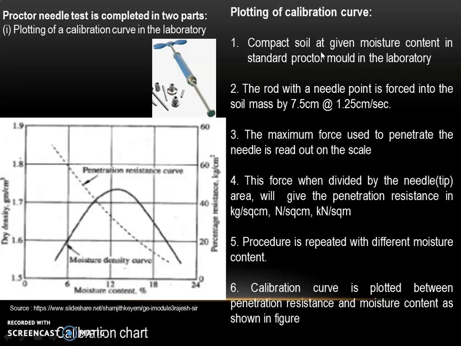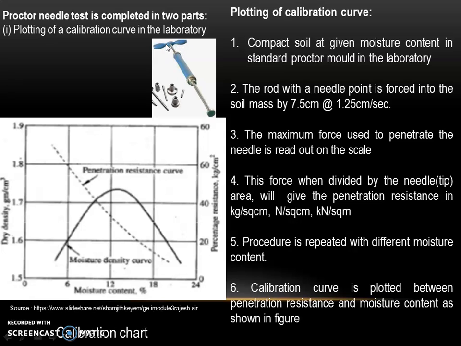To begin with, soil is compacted at given moisture content in standard Proctor mold. Then the rod with needle point is forced into the soil mass by 7.5 cm at the rate of 1.25 cm per second. After that, the maximum force which is used to penetrate this needle into the soil is read out on the scale.